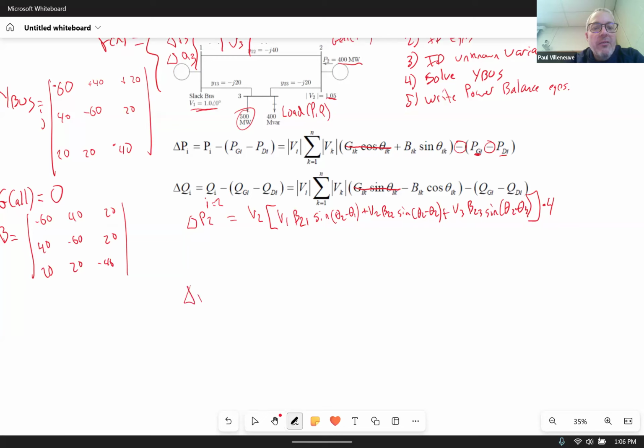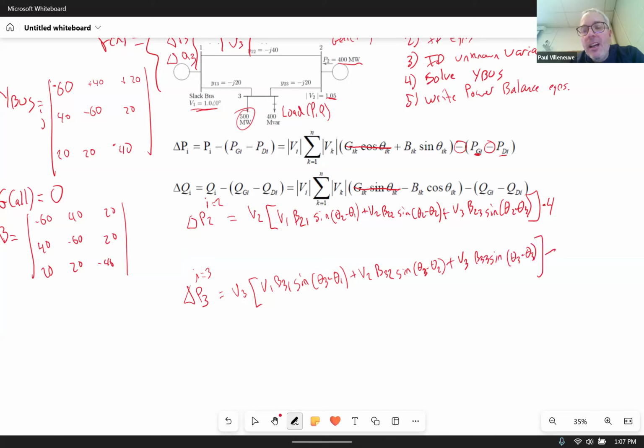Because we can go right to delta P3. Same process, I is equal to 3, V3 times V1, B31, sine theta 3 minus theta 1, plus V2, B32, sine theta 3 minus theta 2, plus V3, B33, sine theta 3 minus theta 3.